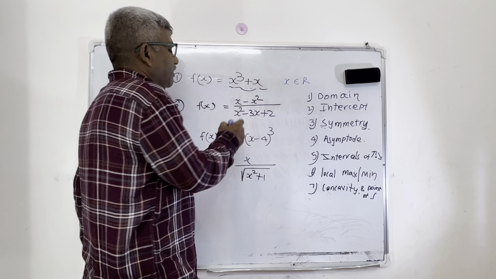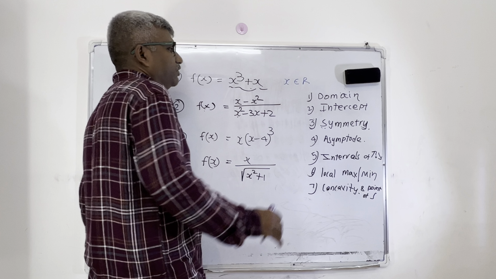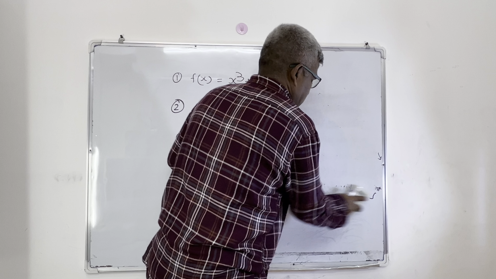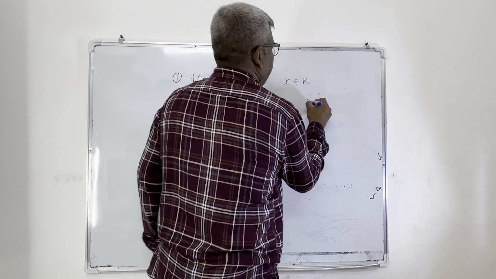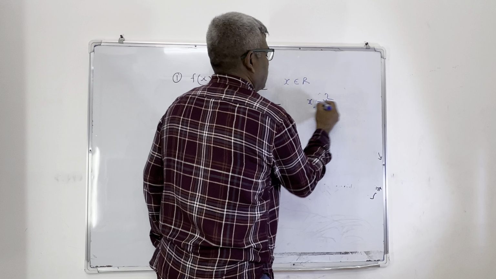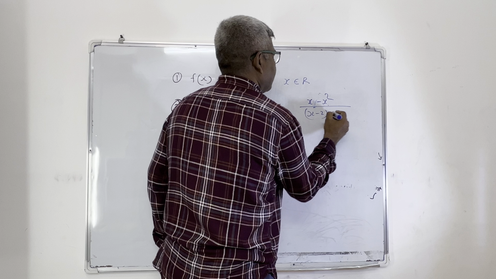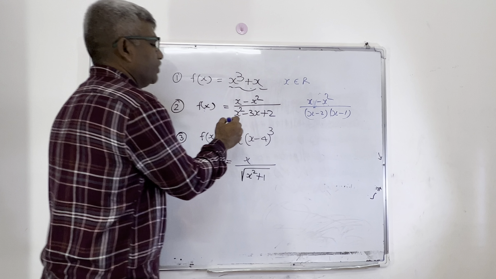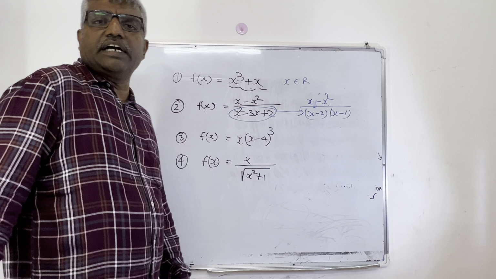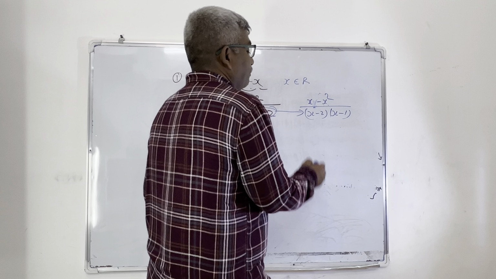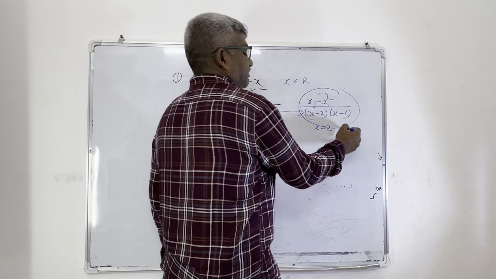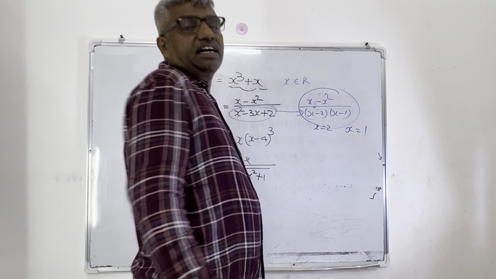Now, x squared minus 3x plus 2. Factorize it: x minus 2 times x minus 1. X squared minus 3x plus 2, if you factorize, x minus 2 and x minus 1 will come. So when x is equal to 2, this is undefined. When x is equal to 1, it is undefined.